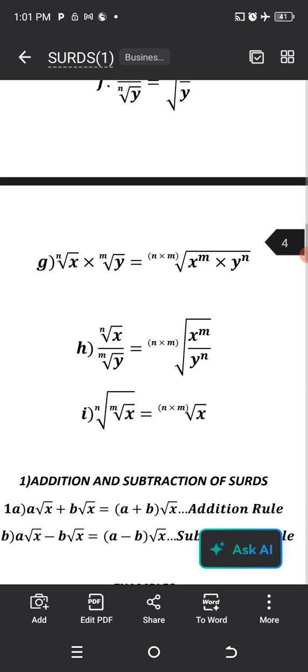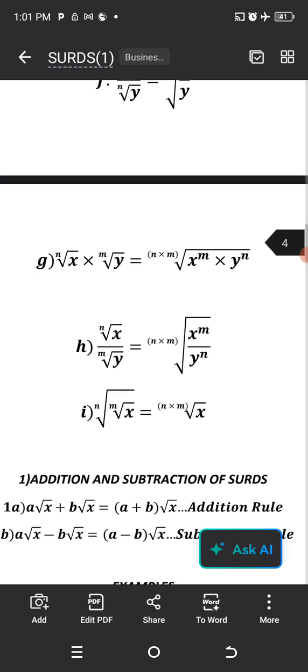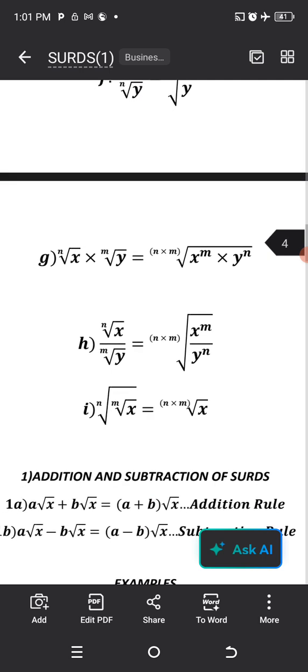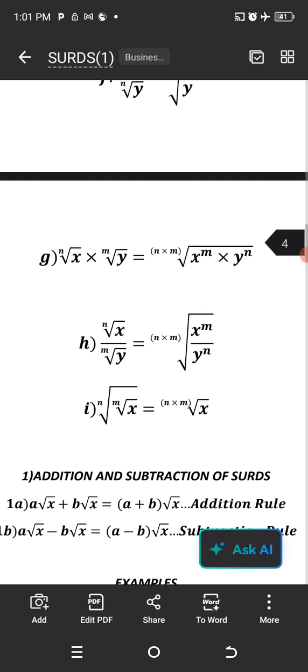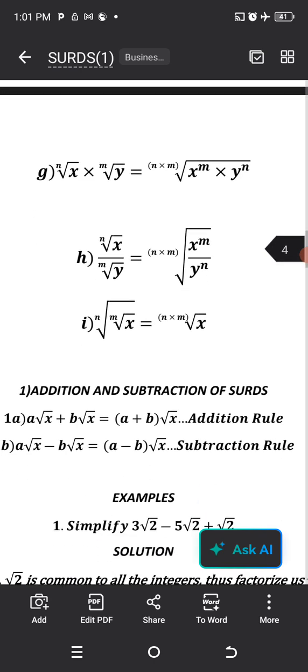That is, the nth root of x multiplied by the mth root of y will definitely be equal to this expression: the mn-th root of x raised to the power m multiplied by y raised to the power n. You will see that they interchange the values of their roots. The same thing is applicable to h. You can see that this is the division or quotient rule regarding these indices too.